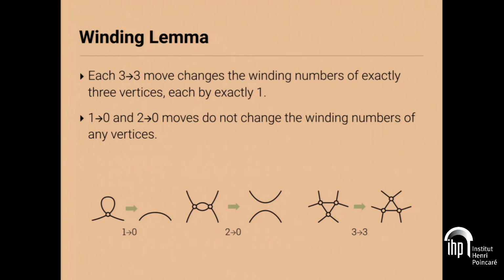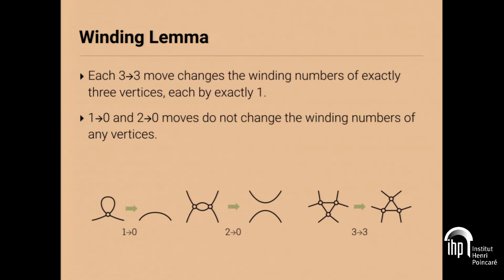And with a 3-3 move, you can think of it as moving one strand of the curve over one vertex. And so the winding number at that vertex either goes up or down by exactly 1. And this happens for all 3 vertices. So winding number changes at those 3 vertices by 1, and that's the only way that homotopy moves can change winding numbers.